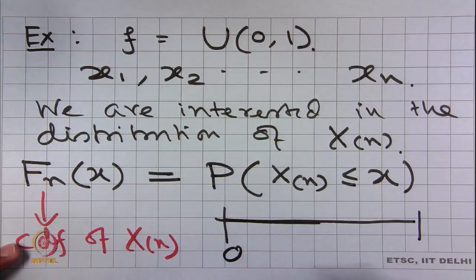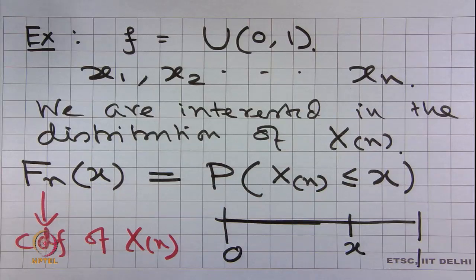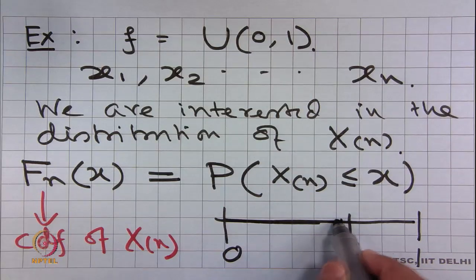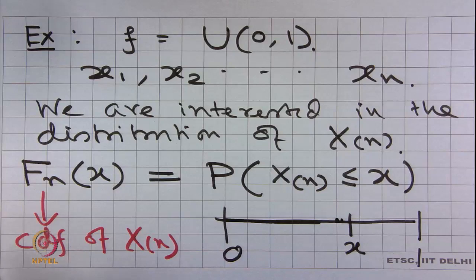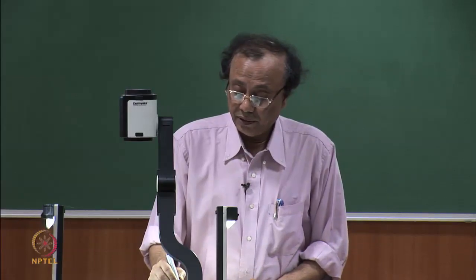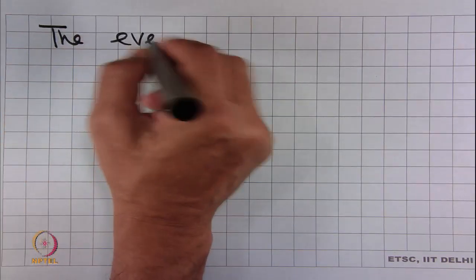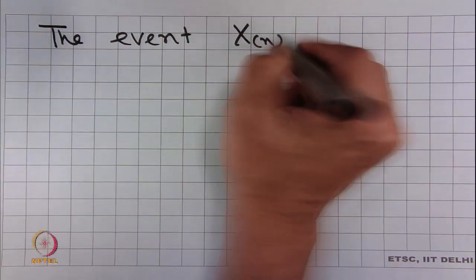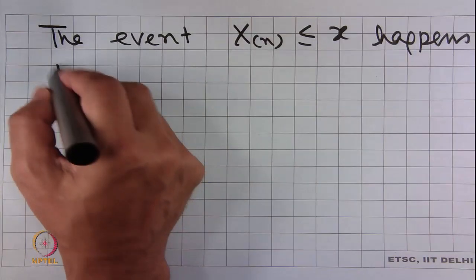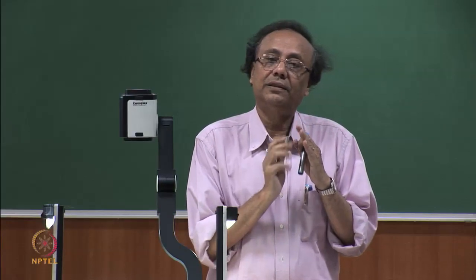Suppose this is 0 1 and this is x, and we have taken n samples, and we want the maximum of these to be less than or equal to x. What is the probability? We know that the event X_n less than or equal to x happens when the maximum is less than or equal to x.